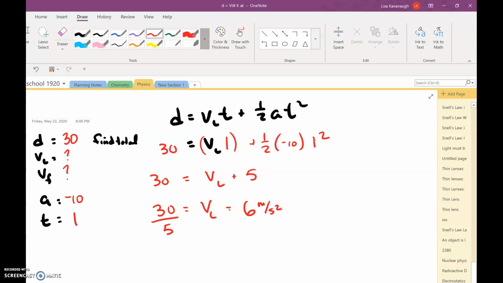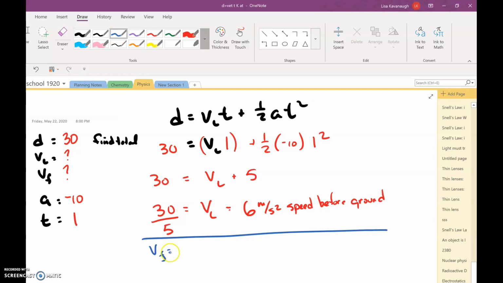So that means that I'm going to speed up in the last second, speed before ground. All right, so I'm going to speed up a little bit more, and the final second, V final equals V initial plus AT, and so my V final is 6 plus -10.